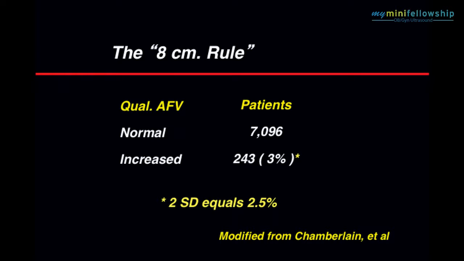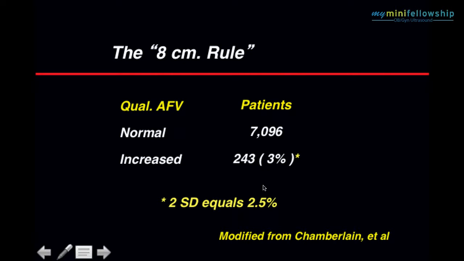However, I will admit, he did a study on a large number of patients, well over 7,000 patients, and using the criterion of 8 centimeters, 243 of them, or 3%, turned out to have polyhydramnios. Now, in medicine, as you know, normalcy is usually described by plus or minus 2 standard deviations.